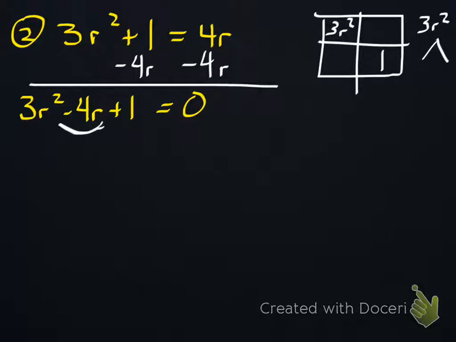But we're trying to have a goal of a negative 4r. How can we have a sum of a negative, but yet a product that's positive? Both negatives. And so we're left with negative 1r and negative 3r as our two factors. So go ahead and fill those into your chart.